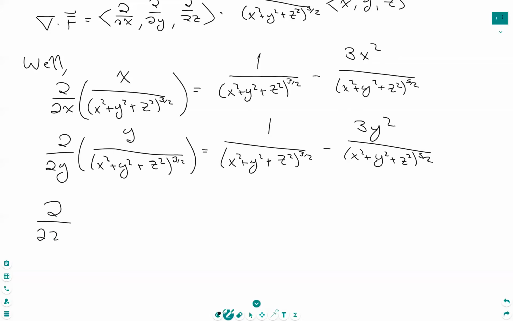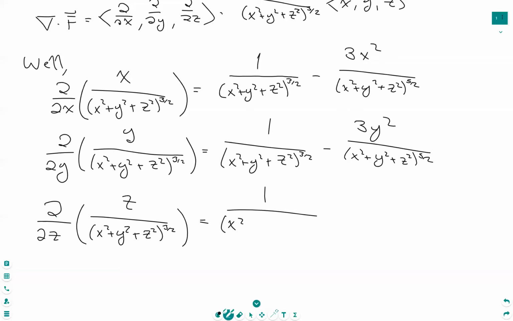And then finally, our z derivative gives us a very similar form. This time we just have a 3z squared in that second numerator.